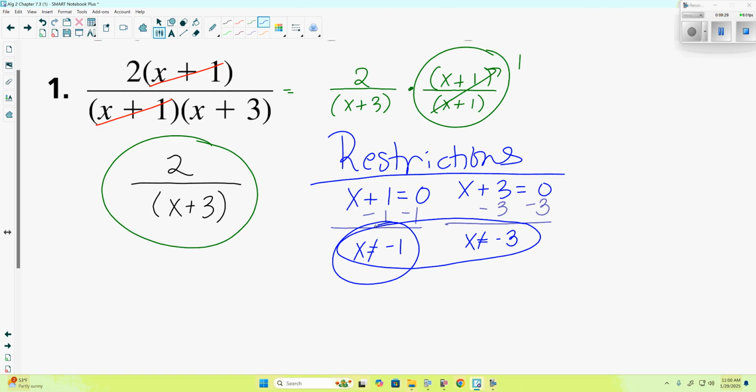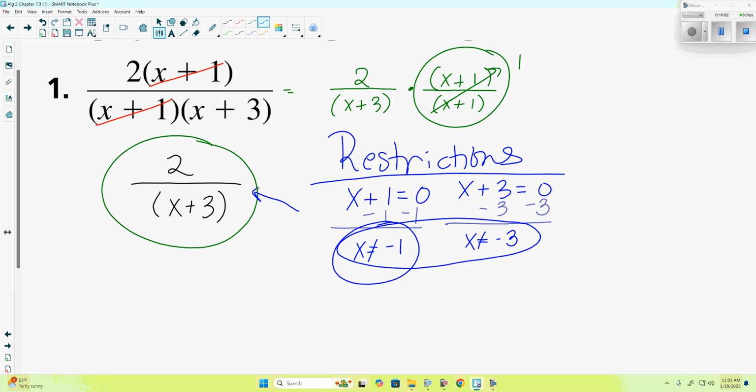And the reason they only want this is because in our final expression, the x plus 1 restriction simplified out. They only want to list the restrictions that have been removed from the expression. Those are the only ones we have to list because the negative 3 is still there. The x plus 3, we can still see that negative 3 would cause a division by 0. But because the x plus 1 was removed, we need to show that it's still a restriction.